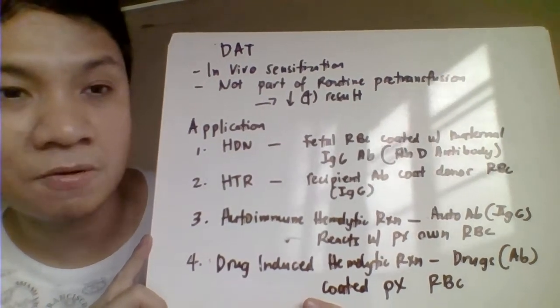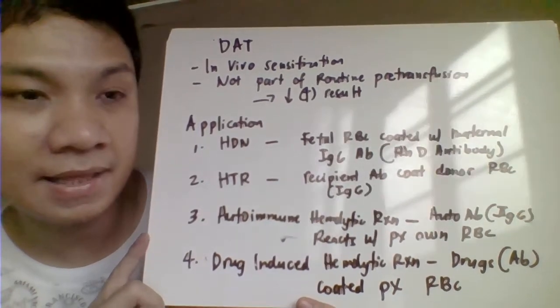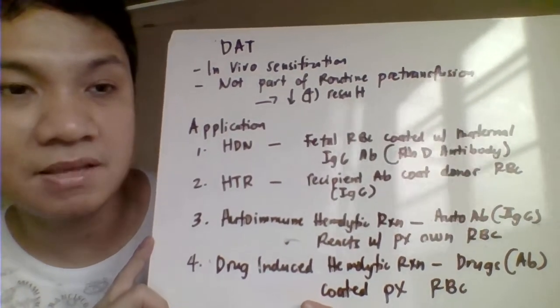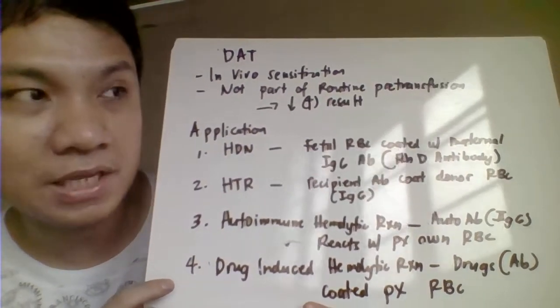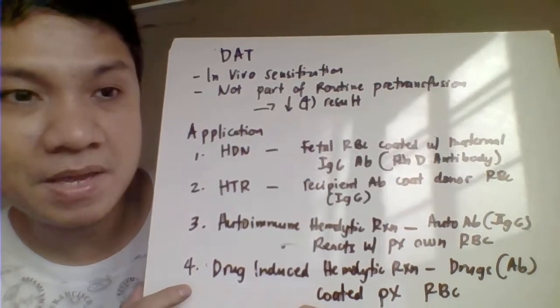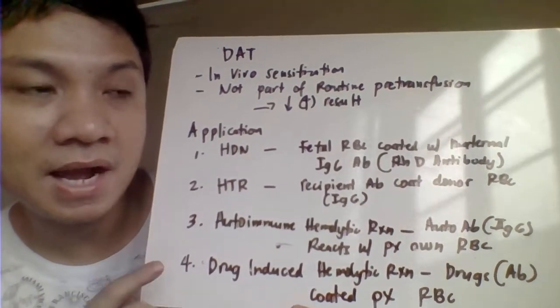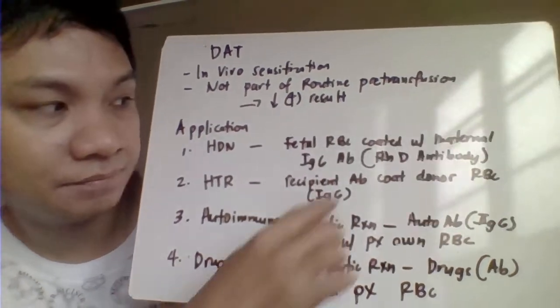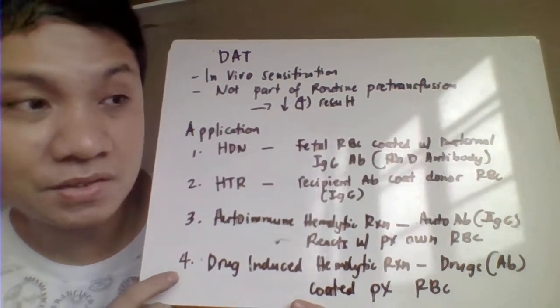Paano coating dito? Again, nako-coat dapat ang RBC natin ng antibody in the form of your IgG antibody or the complement. So, anong RBC ang tinutukoy dito? That's the RBC of the baby. So, the RBC of the baby would be RHD positive. Then, ang mother, mayroon siyang anti-RHD antibody. Remember, the RHD is a blood group na IgG antibody ito.